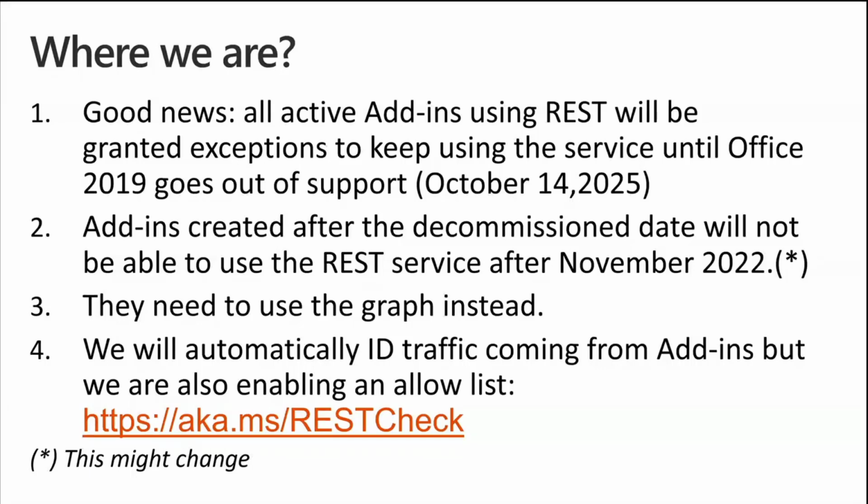The idea, of course, in the first place is that folks use the Graph API instead of the REST services. However, it was not until we shipped our single sign-on capability that this became a suitable replacement in terms of the experience, because you don't have to pop any dialogues to the user and so on and so forth.